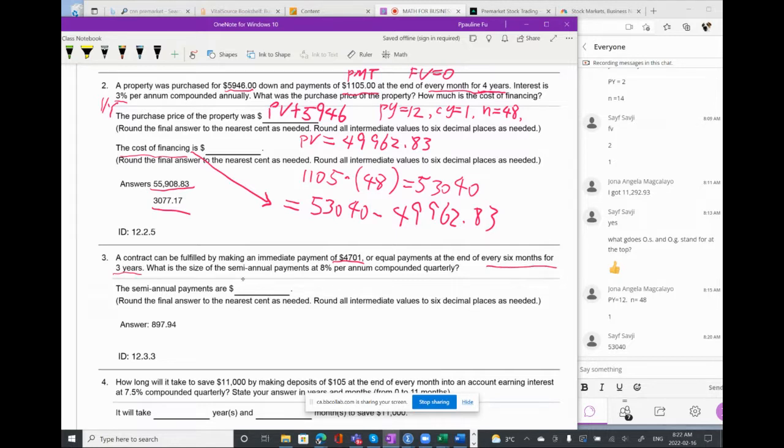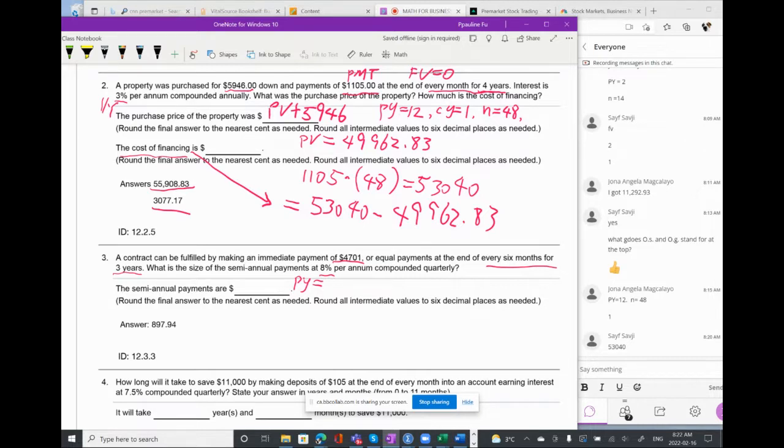What is the size of semi-annual payments at 8% per annum, compounded quarterly? So let's understand this question step by step. So first step, identify what is PY, number of payments per year.